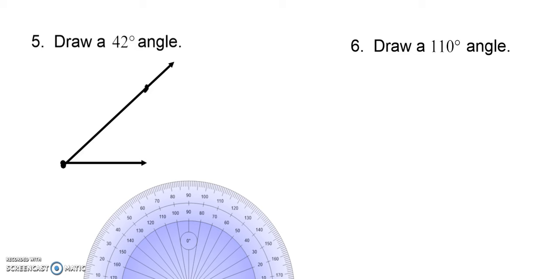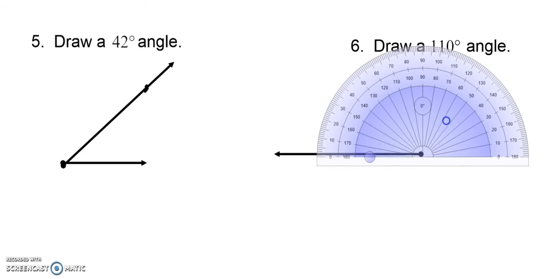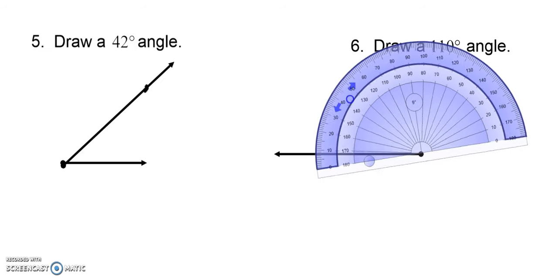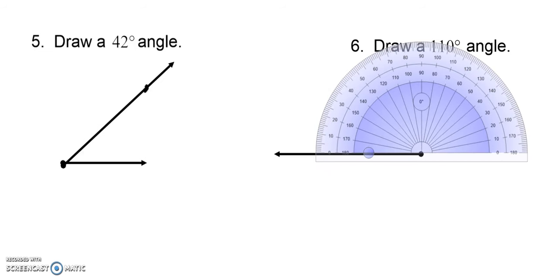All right, and the last one we're going to do is 110 degrees. So again, I'm going to draw a ray. This time I'm going to have my ray facing in this direction, and we are going to grab our protractor, and if we line everything up, 110 degrees, remember, we're starting at 0, so now I'm going to go all the way around until 110 degrees.